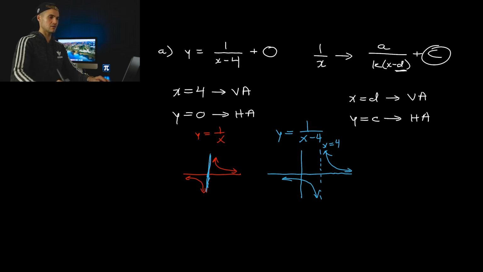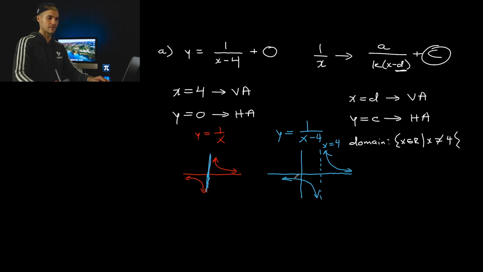Okay, so from here, what's the domain going to be? Notice that it could be any x value except that x value of 4. At that x value of 4, the function is undefined. So we would say the domain is x can be any real number such that x cannot equal 4. Now in interval notation, it's a little bit more tricky. There are actually 2 intervals.